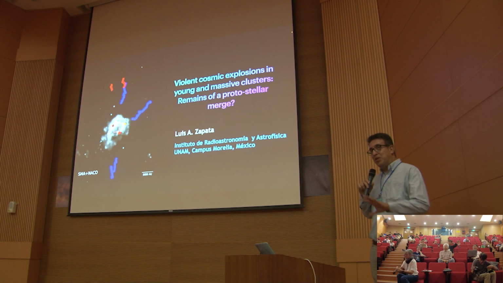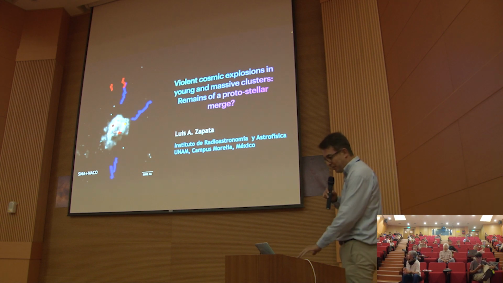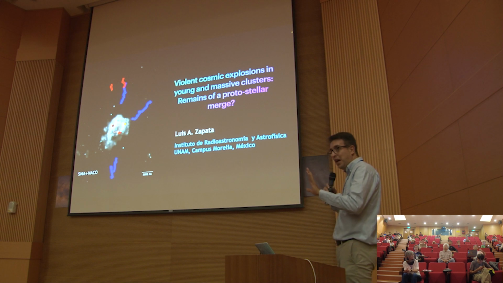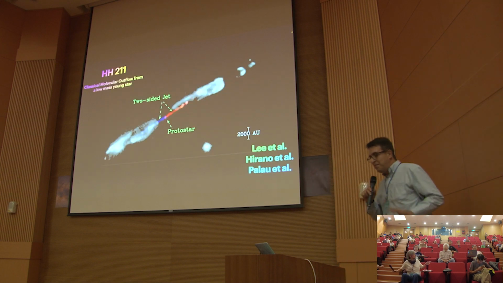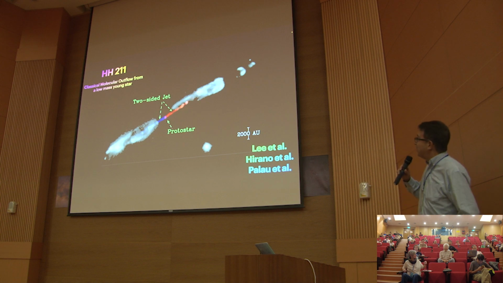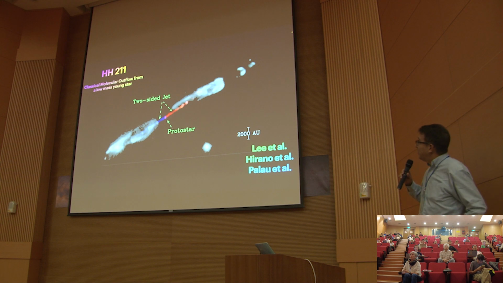We started to do a really large mosaic in Orion, and we started to work more in Orion KL. That is a different region than the one I showed you. Let me talk a little bit about this impressive image from Chin-Fei Lee, Hirano, Aina Palau, and all the people from Asia. This is the electric object 211.